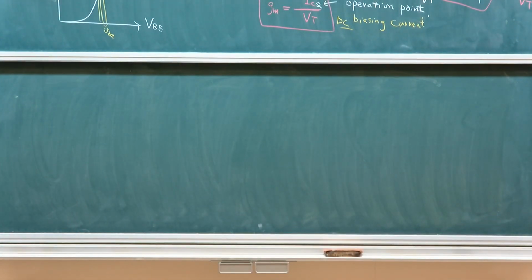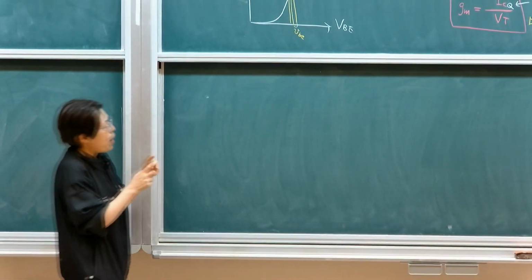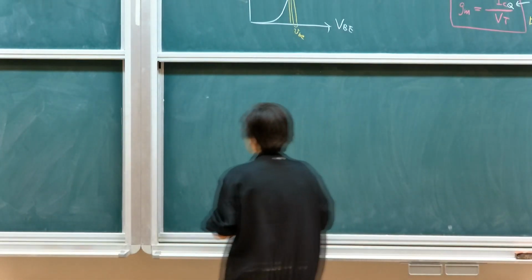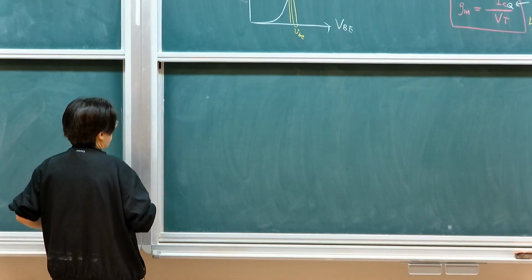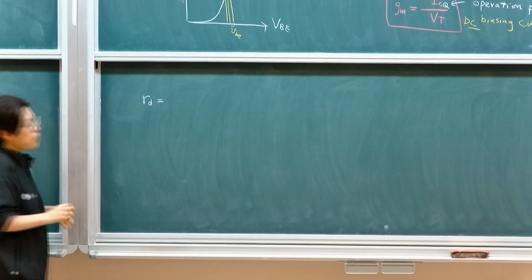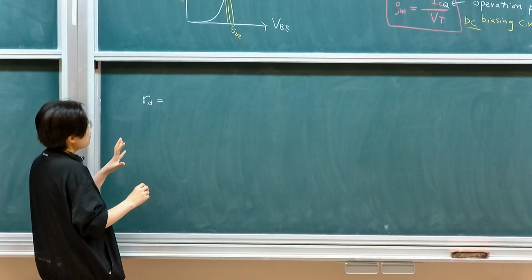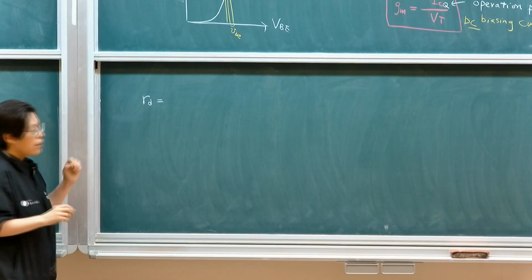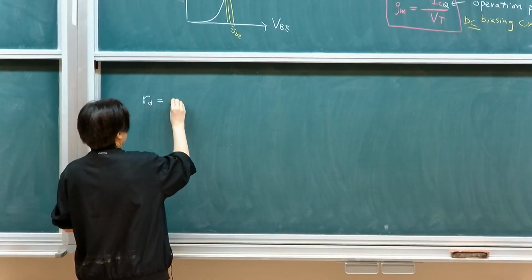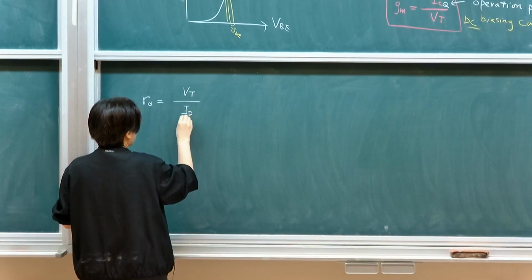So the other thing we need to establish, other than GM transconductance, that's one of the parameters. The other is RD. So remember, RD is to represent a diode's biasing condition, resistance. The diode resistance, as we already know, is VT divided by the currents passing through the diode.